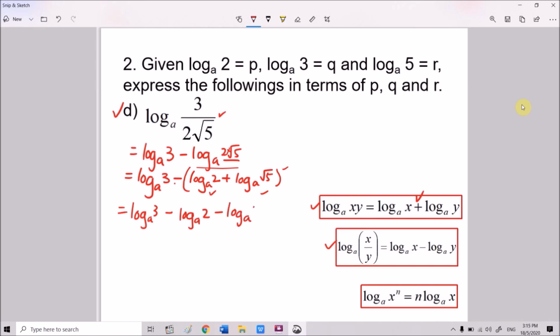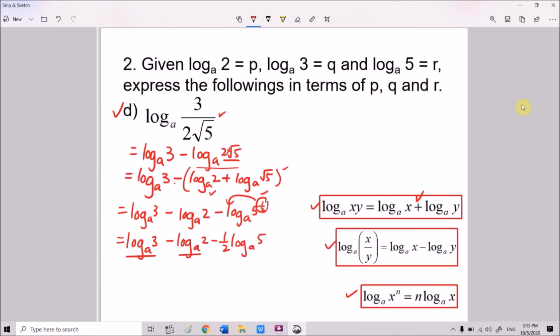Root 5, we can rewrite this as 5 to the power of 1 over 2. And because of the power law here, we can bring the 1 over 2 to the front. So if I rewrite this again, I get log base a of 3 minus log base a of 2 minus 1 over 2 log base a of 5.